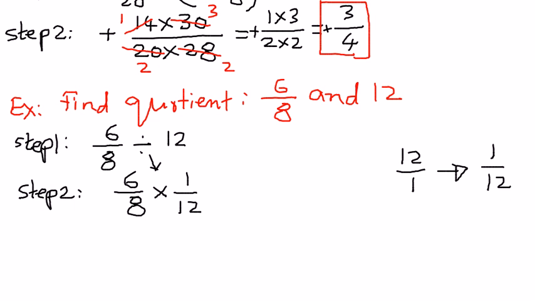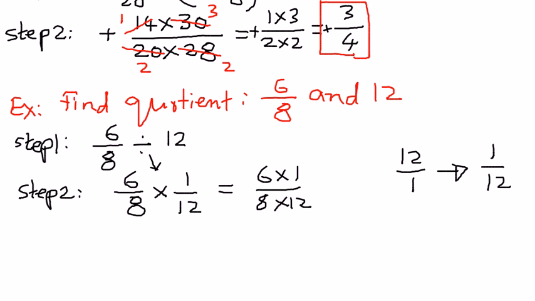Therefore now we are ready to simplify. We multiply the numerators and multiply the denominators like that. 6 times 1 divided by 8 times 12. So now we look at the numerators and the denominators, and if we see numbers which are multiples of one another, we simplify them.